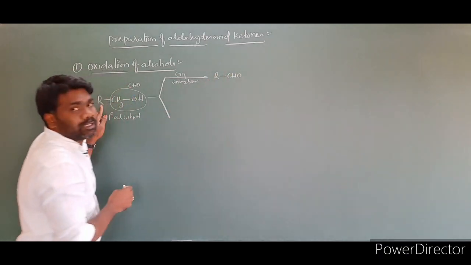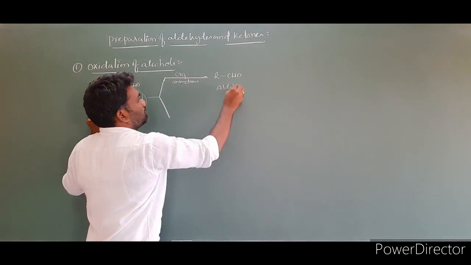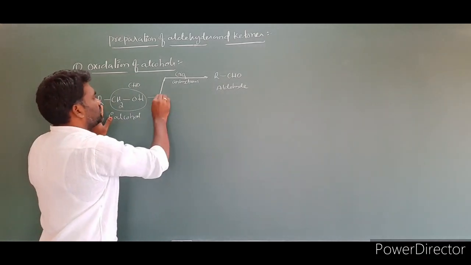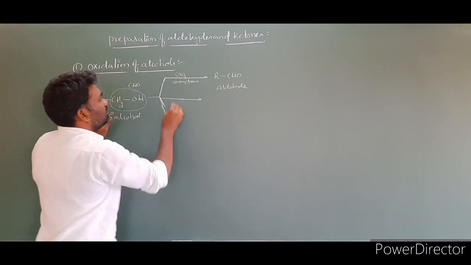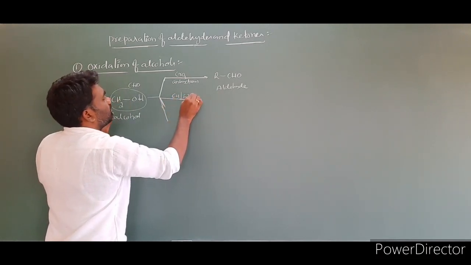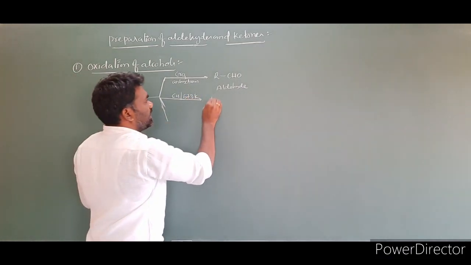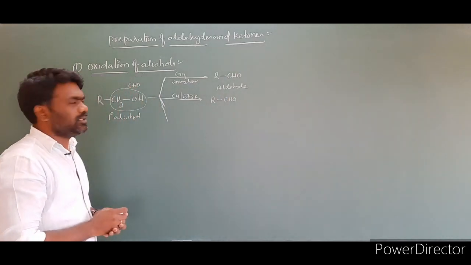The product is an aldehyde. Apart from this, if you use another reagent, Cu at 573 Kelvin, primary alcohols again give the product RCHO, an aldehyde.